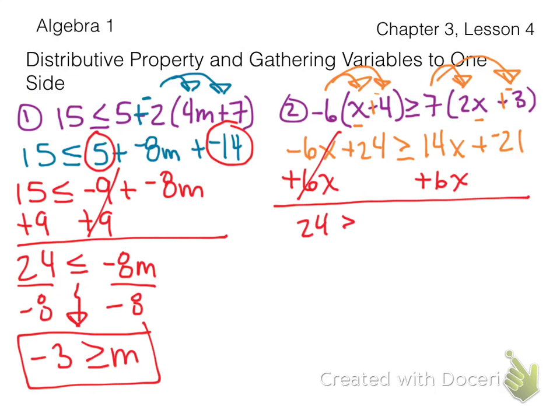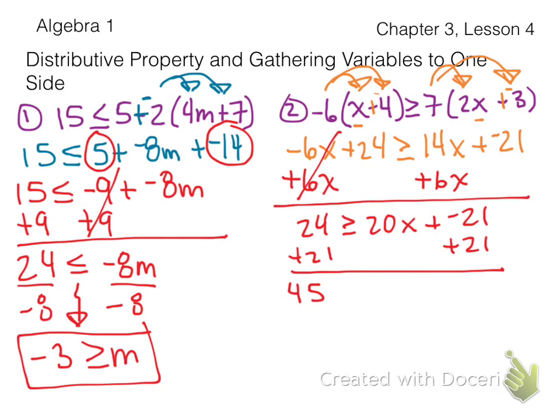I've got 24 is greater than or equal to 20x plus negative 21. And I'm going to add 21, and that's going to give me 45 is greater than or equal to 20x. Divide by 20, divide by 20, that cancels out. X is less than or equal to 2 1/4. Yeah, there we go.